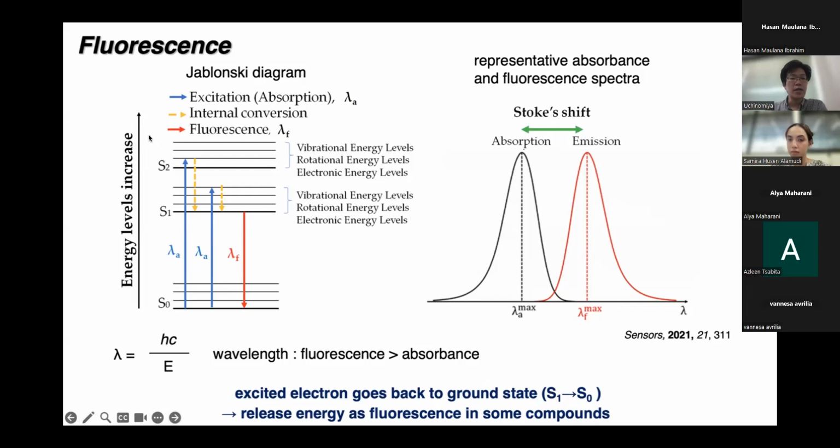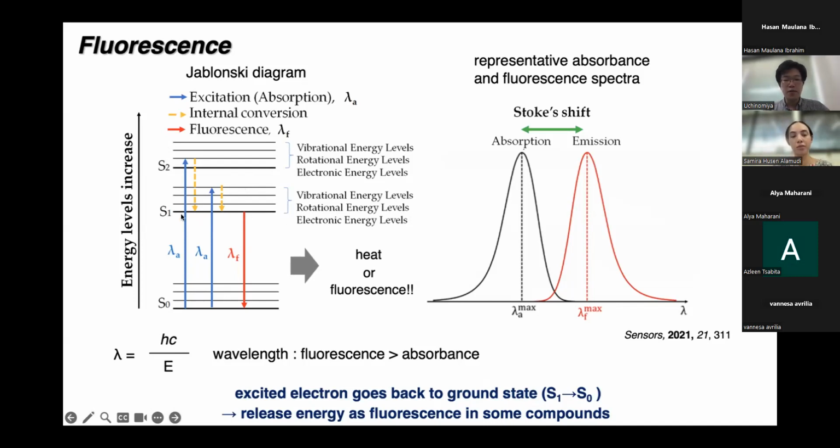Initially, the electron moves to the S1 state by internal conversion. And thereafter, the electron goes back to the ground state. Usually, the electron releases energy as heat. However, in the case of some compounds, the electron releases energy as fluorescence.